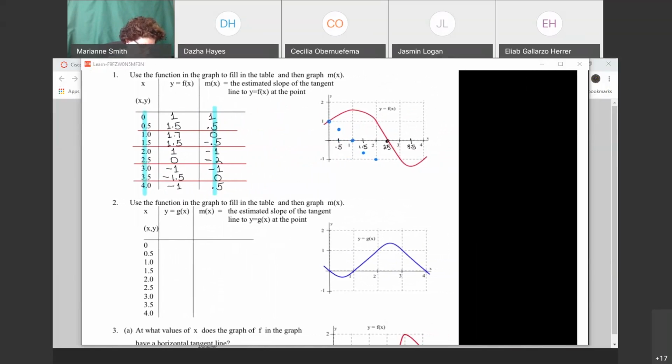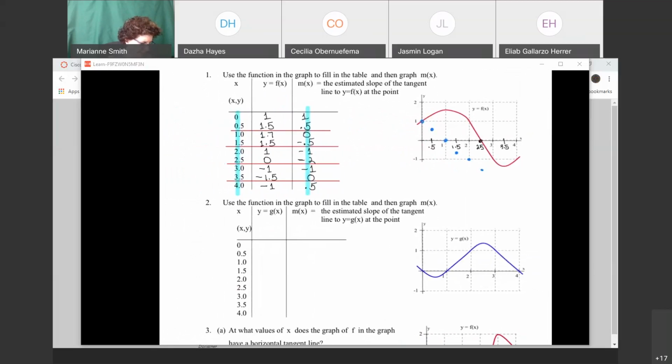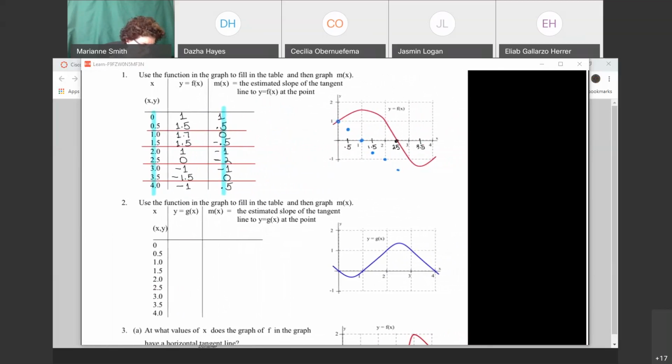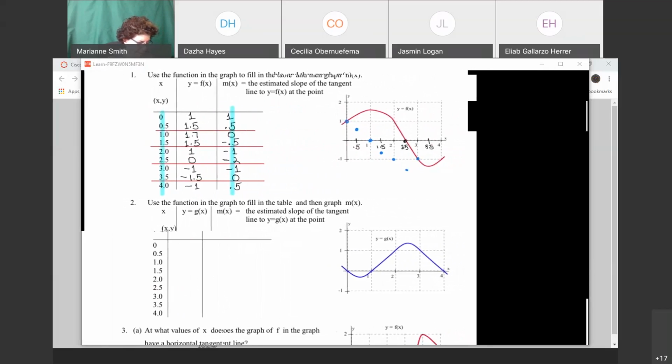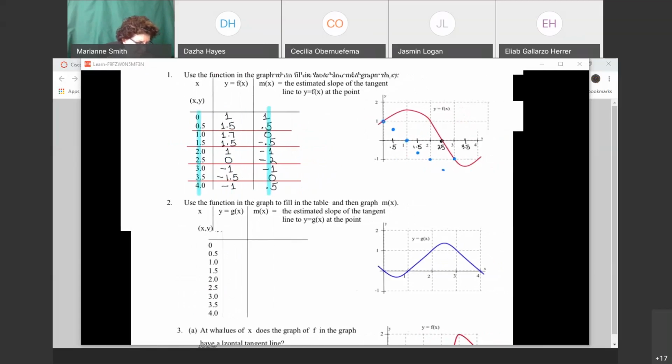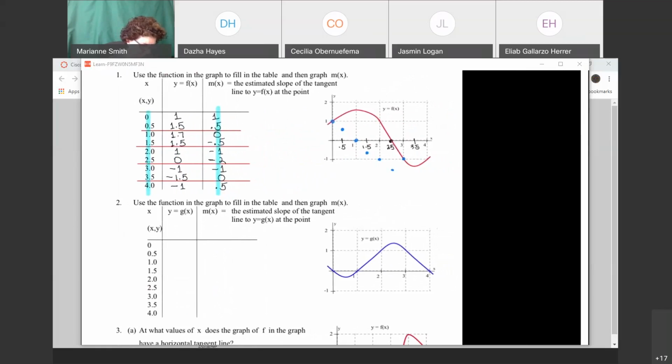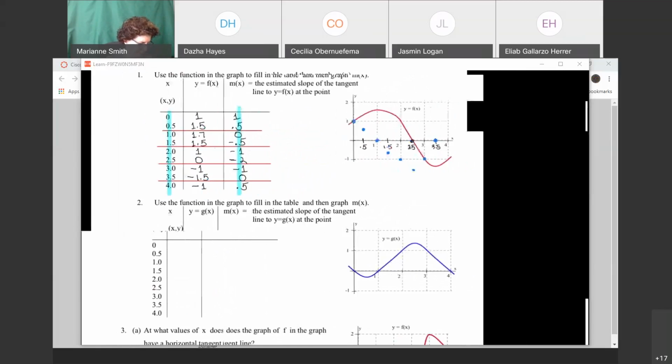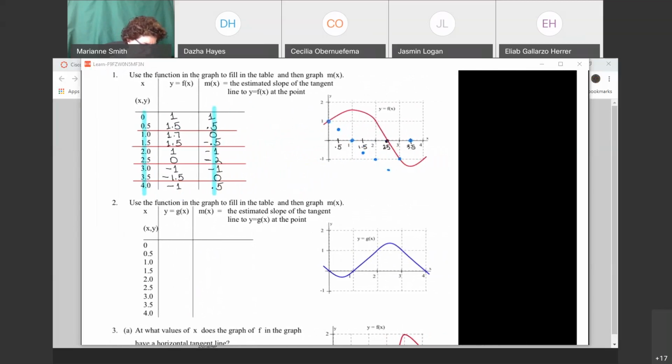Again, that's kind of hard to draw, but it should be down here. And then I have 3, negative 1. 3.5, 0. And 4 and 0.5. And again, if you were to draw a line between them, you would have the graph of the derivative.